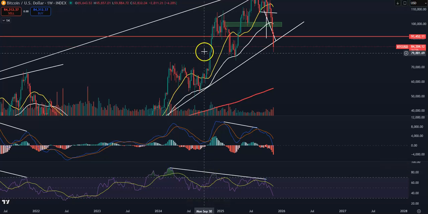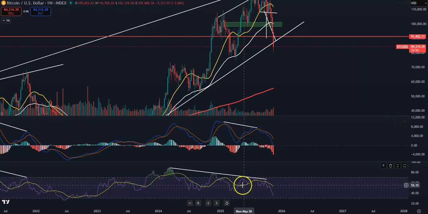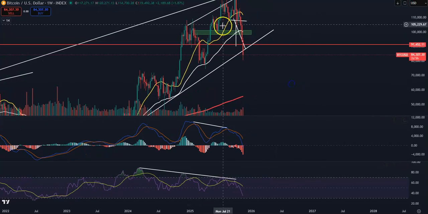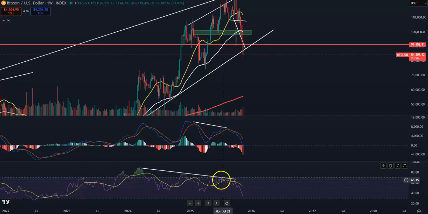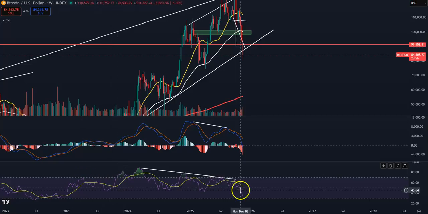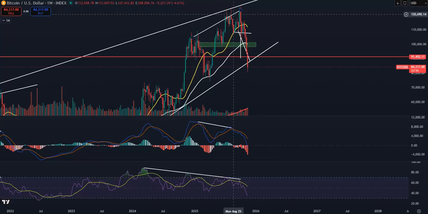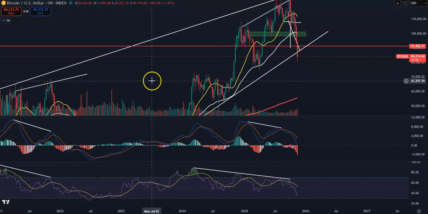There was enough good strength to get this up to this next top. And now when it came to this third top right here, there wasn't enough strength to get it above the 70. So if there's not enough strength to break above the 70, then you usually have a breakdown. And that's what caused this to happen.